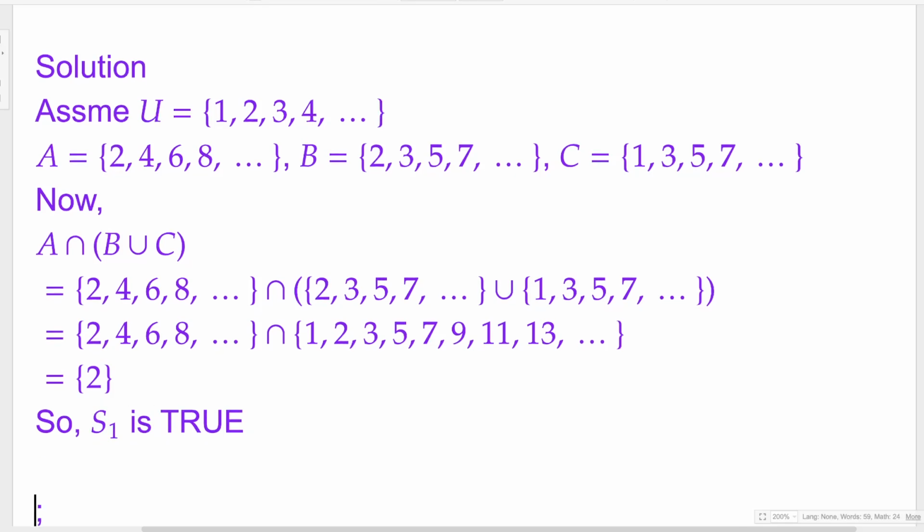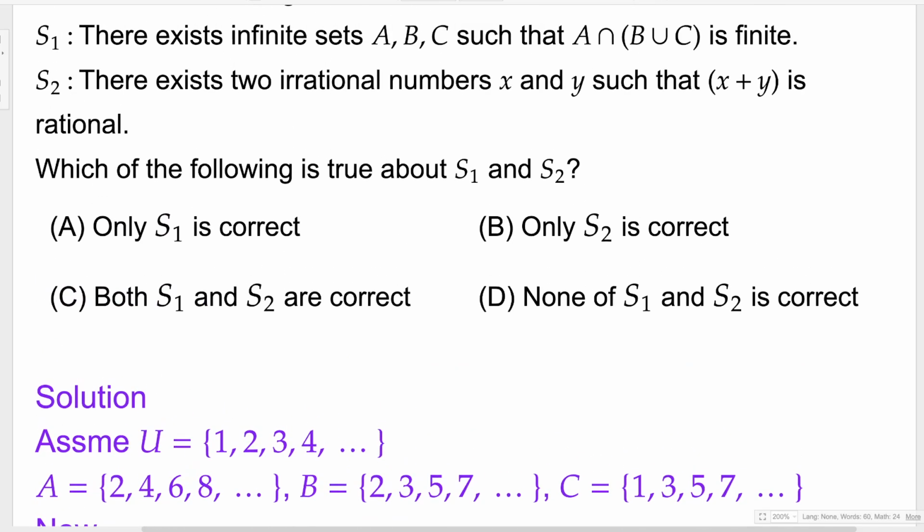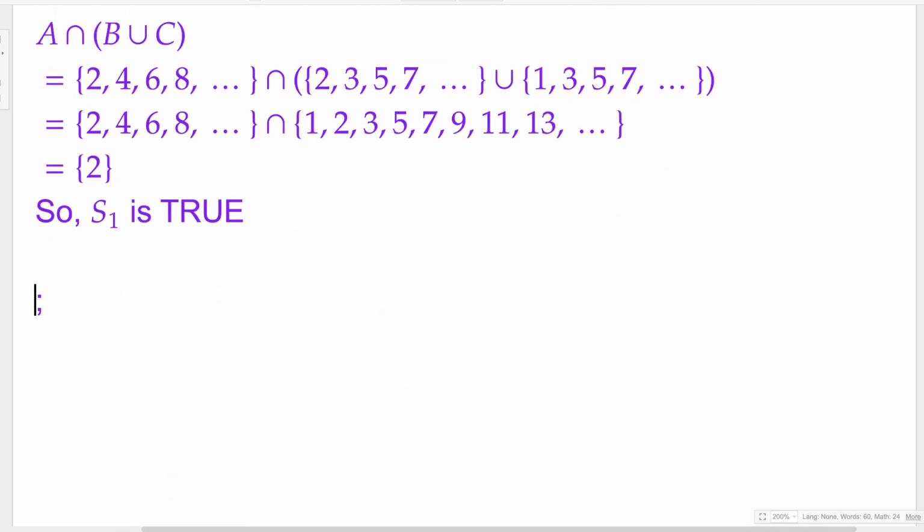Now let us talk about the next statement, S2, that there exist two irrational numbers x and y such that x plus y is rational. For this statement, let us say for x, I consider the real number 1 plus square root of 3. And for y, I consider 1 minus square root of 3.